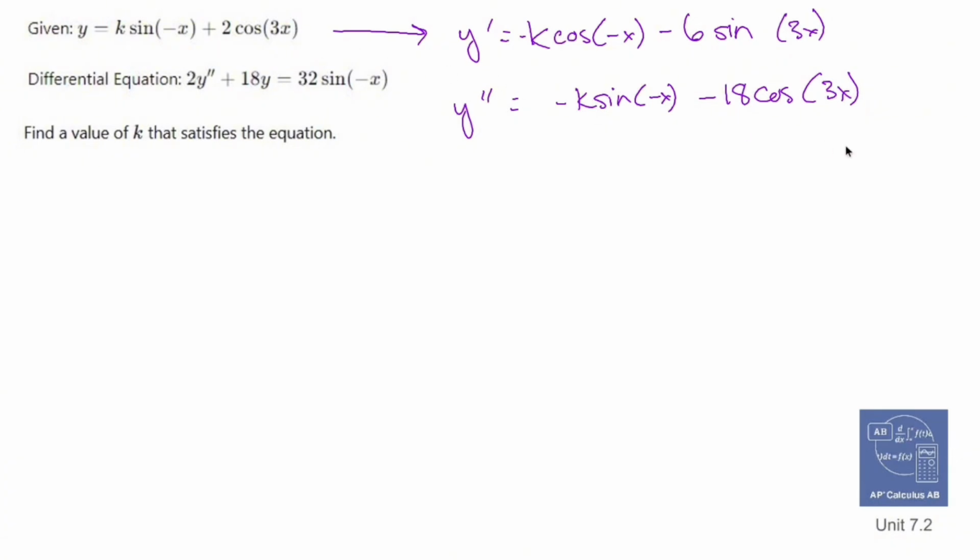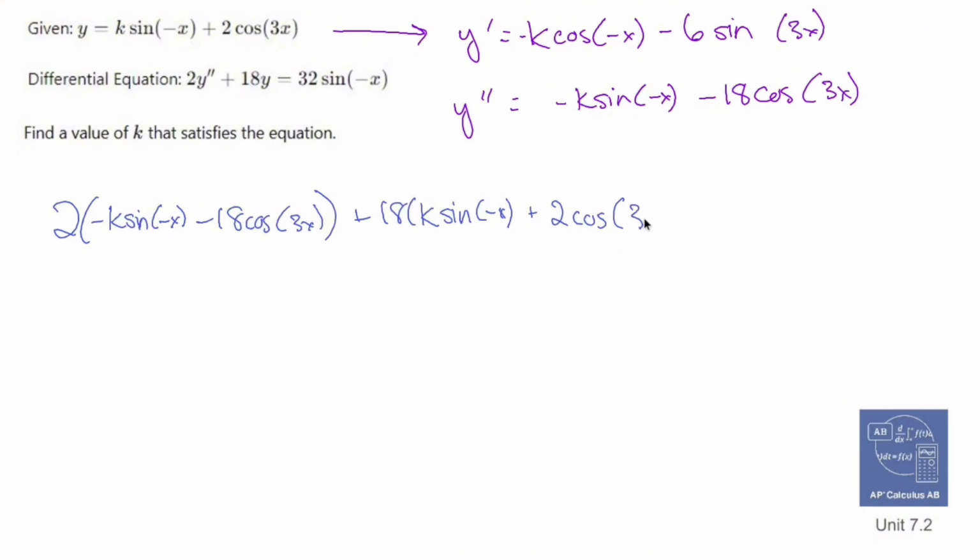We finally have our y double prime, and we have our original y prime, and we need to find the value of k that satisfies this equation right here. So 2 times that negative k sine negative x minus 18 cos 3x, close that, plus 18y, which is k sine negative x plus 2 cos 3x, has to equal 32 sine negative x.